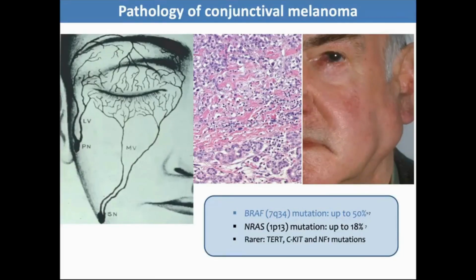And this is very similar to what is seen in skin melanoma. So please, if you can remember this one fact: conjunctival melanomas and skin melanomas are more similar in terms of their genetic alterations than conjunctival melanomas and the intraocular melanomas, the so-called uveal melanomas, which have completely different genetic alterations.